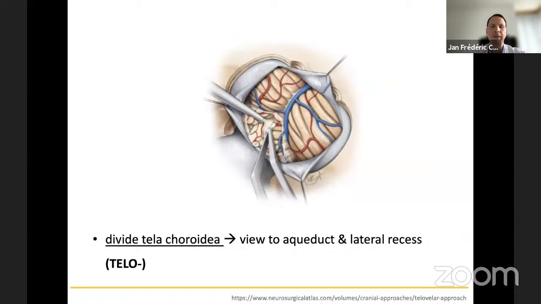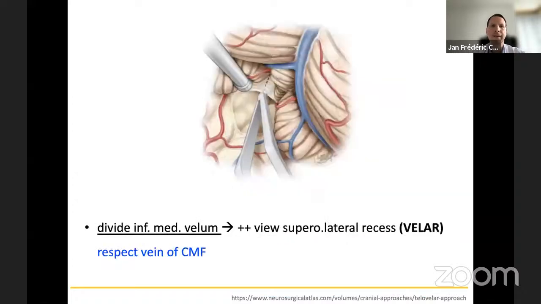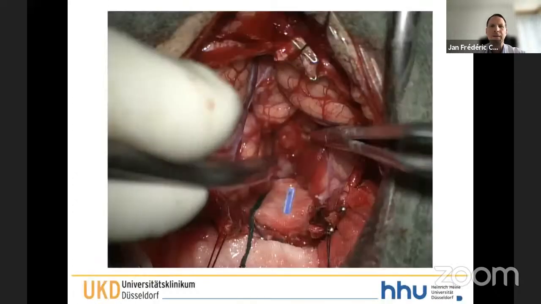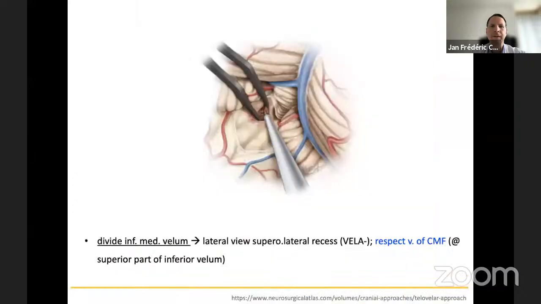So this gives you the access to the aqueduct and the lateral recess, and the division of the velum then increases your lateral view. And as Eckhart mentioned, you have to be very careful here for the veins of the CMF. So there's an intraoperative view.